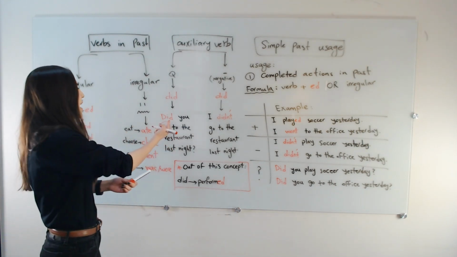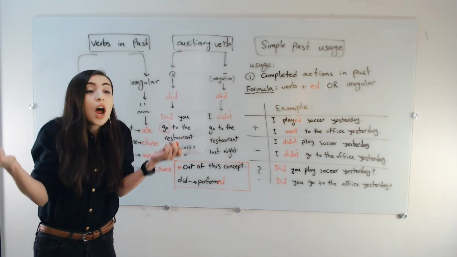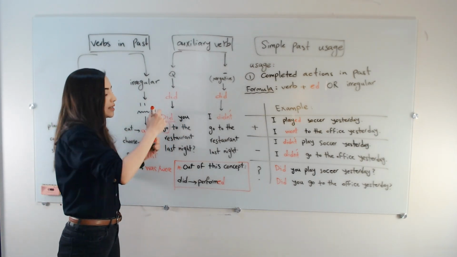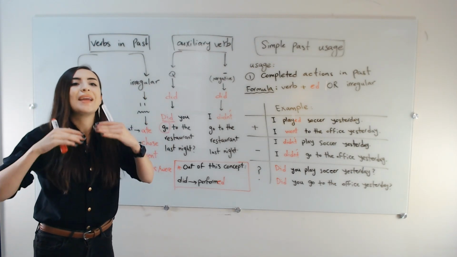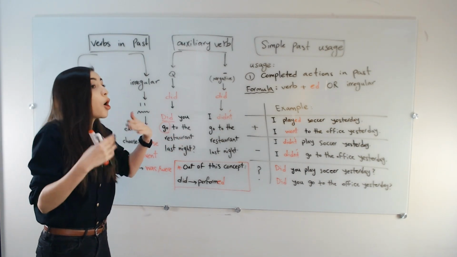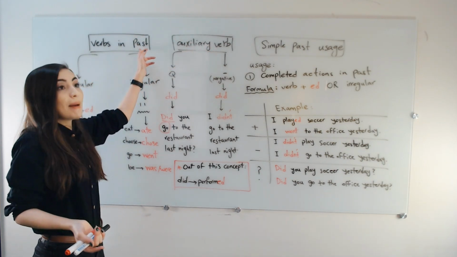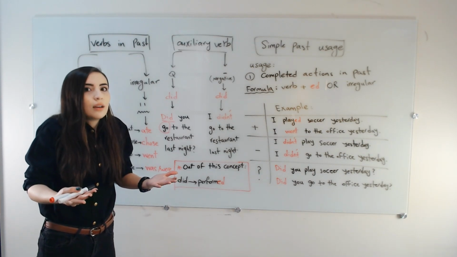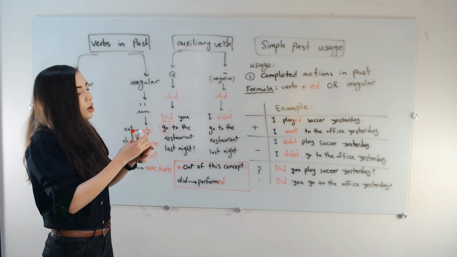So why didn't you say, did you went to the restaurant last night? Because that's an error. When we have did, remember, we always use the verb in the simple form. No matter if it's in the past, did is already showing that it's in the past. Remember, the auxiliary verb that we use in the past is did. So whenever I say did, it means that I'm talking about the past. So there's no need to say went. Okay, so keep that in mind.